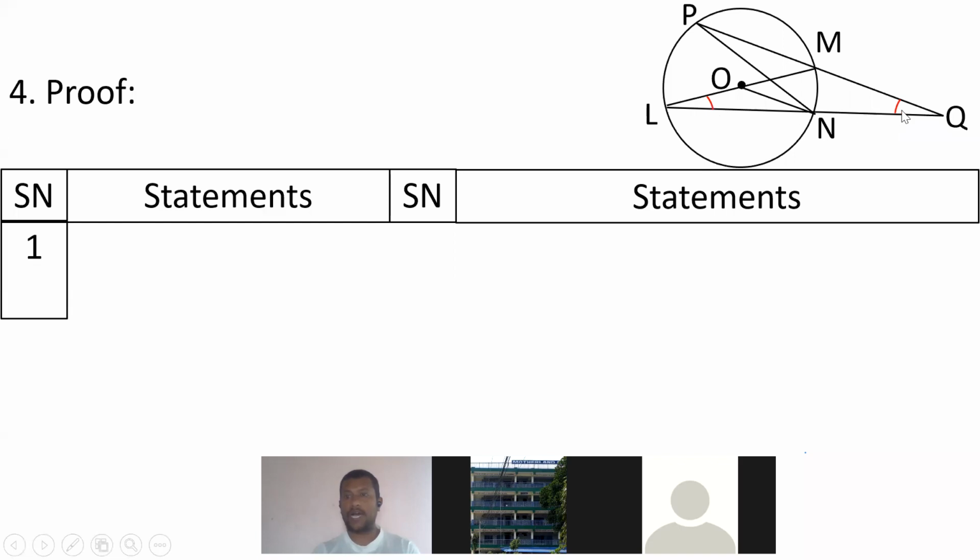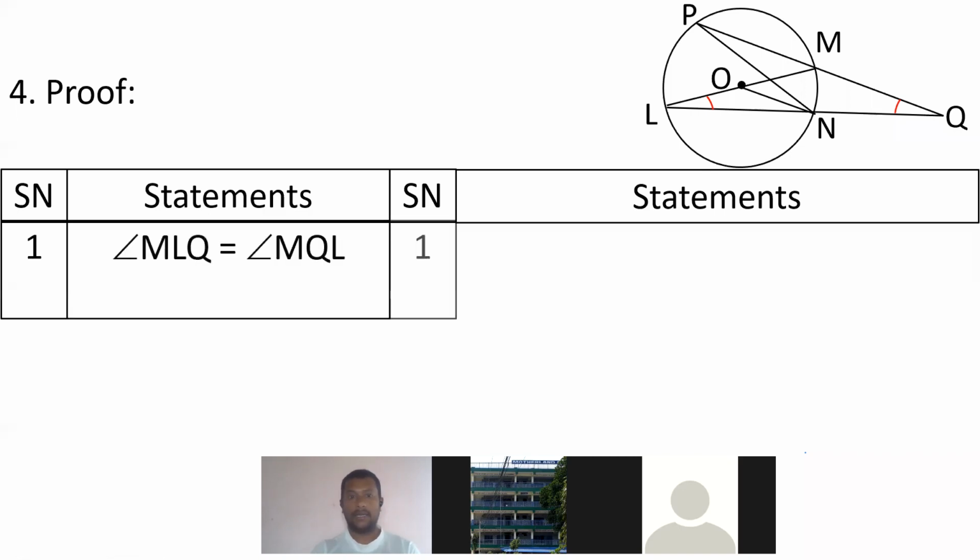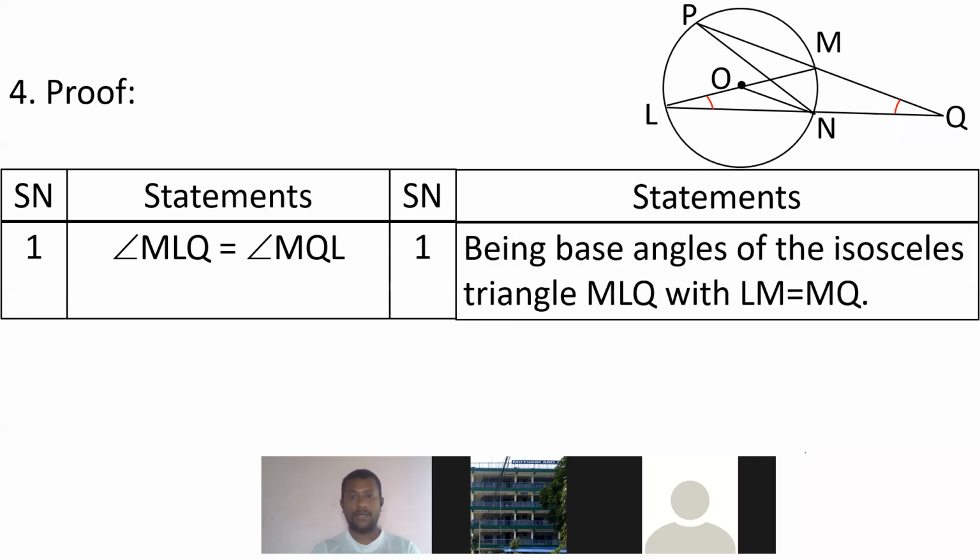Because these two are base angles of this isosceles triangle. So angle MLN equals angle MQL, being base angles of the isosceles triangle MQL with LM equal MQ, as I have told you.